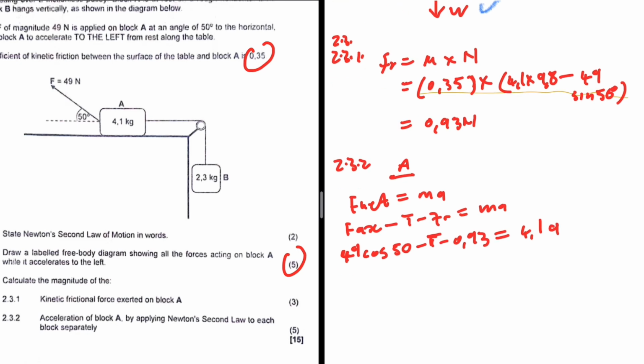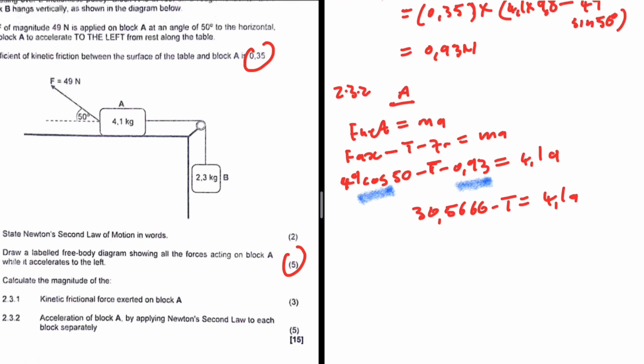Okay, I guess we can solve this and move to object B. So let's do that. 49 cos 50 minus 0.93. Am I doing that in the correct order? I think I am. So we get 30.5666 if we round off to four decimal places, minus the tension equals 4.1a. So this is our equation 1.